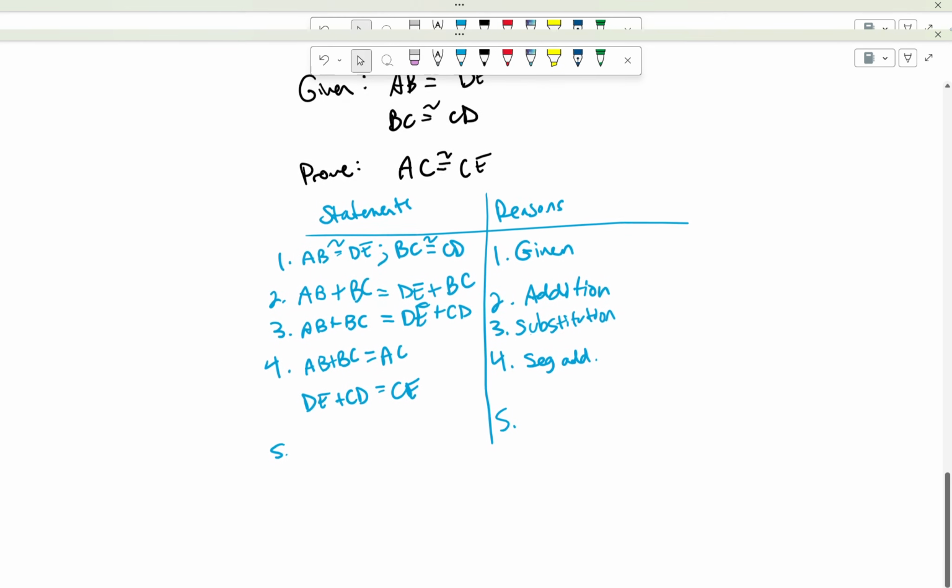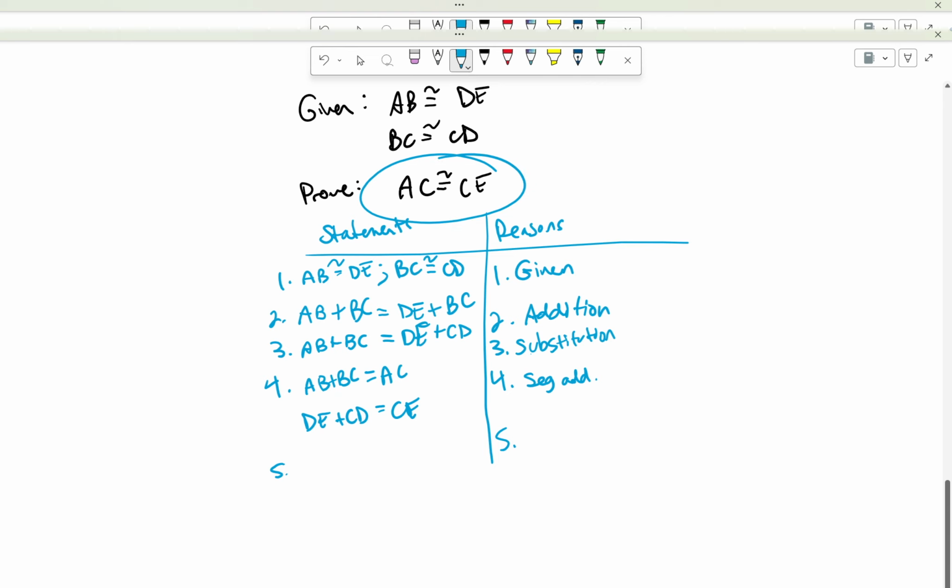So, we're ready, guys. We can actually say that AC is congruent to CE. And I don't care about that definition of congruence. We can use equality and congruence interchangeably in this course. So I have AB plus BC, AB plus BC, right? And they are going to be equal to AC, because I have these three things each used twice.